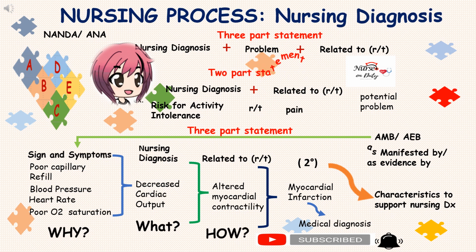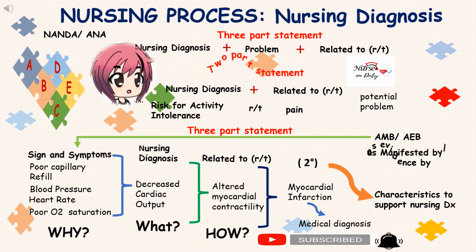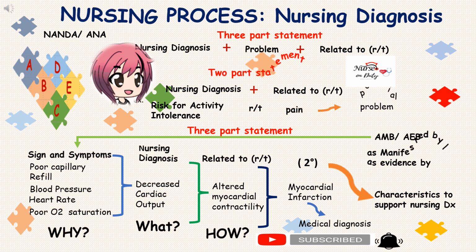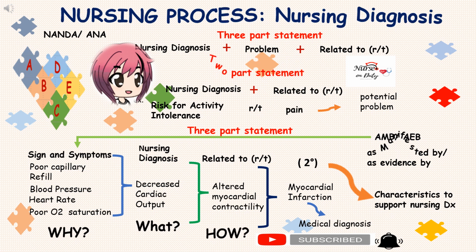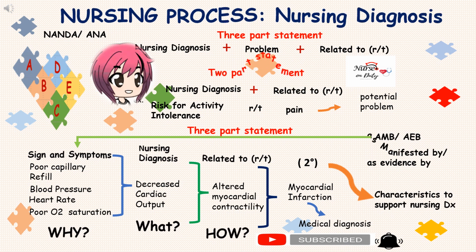Pero pag gumamit ka ng diagnosis like risk for activity intolerance related to pain, that 2-part statement lang siya kasi direct siya sa potential problem. And the first problem, 3-part statement ang kailangan mo. Pag risk lang siya, direct to the point or direct to the potential problem.